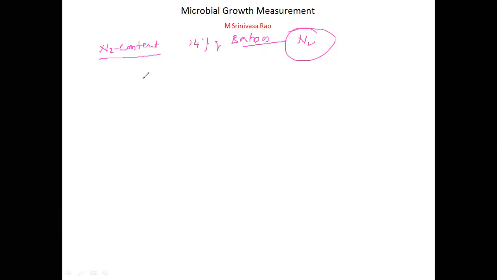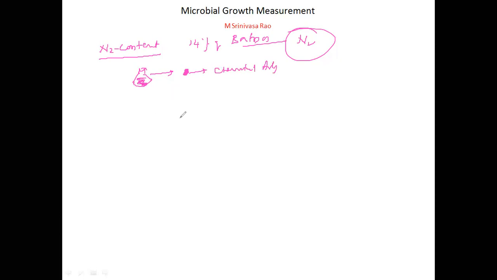So for all these techniques, we need to grow the organism in a conical flask, centrifuge it, separate it from the medium, and you will get the microbial cells. After getting the microbial cell mass, you just go for a chemical analysis.